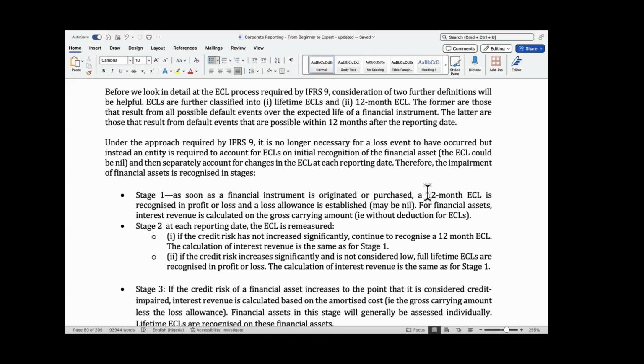Number one is to debit P&L, impairment loss. You call it 12 months ECL. The corresponding credit, you can call it accumulated impairment loss, because at the end of every year, you'll be reassessing it. So you credit accumulated impairment loss.